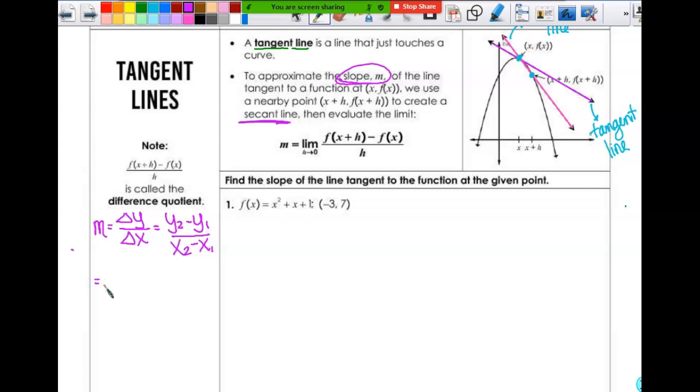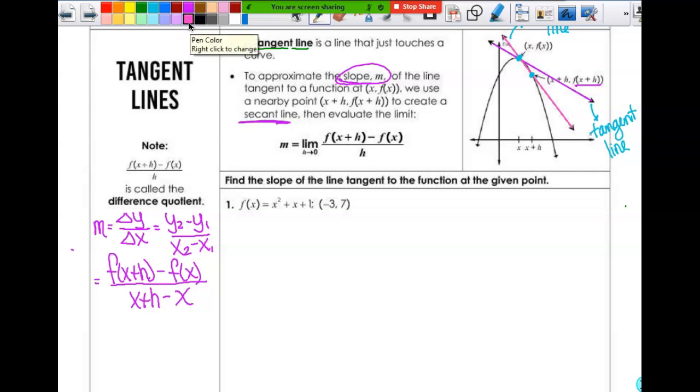So let's think about what that means here. If this is x1, y1, and this is x2, y2, then this is y2. So if I'm going to do y2 minus y1, y2 is f of x plus h minus y1, which is just f of x. Then x2 minus x1: my x2 is x plus h, minus x1, which is just x.